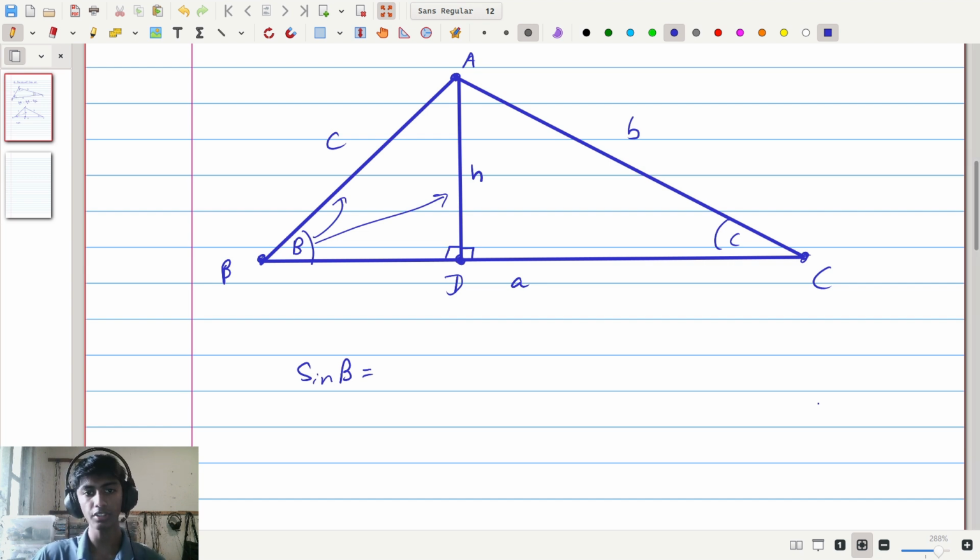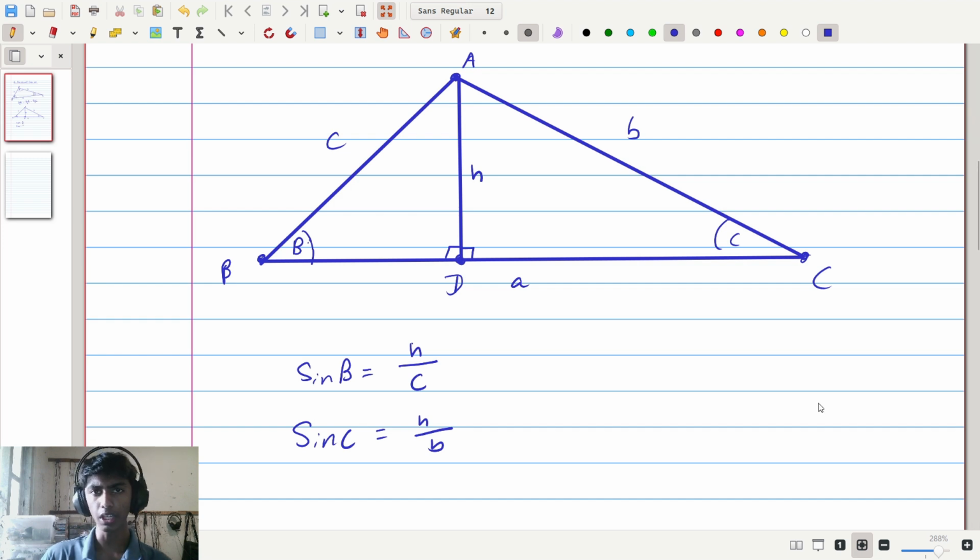So therefore, the sine of B here is H divided by side length C. Similarly, considering in another way, the sine of the angle C on the other side is the opposite divided by the hypotenuse. So the sine of C is opposite, which is H, divided by the hypotenuse, which is B.